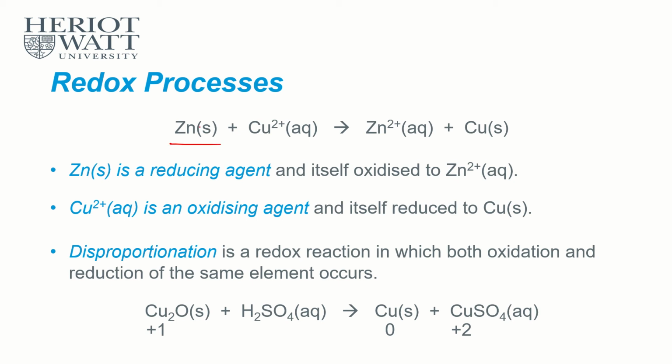Zinc is a solid. When zinc is in its elemental state, the oxidation number or the charge is always 0. At the end of the reaction, it changes into 2 positive, which means it gets oxidized. When the oxidation number increases, getting more and more positive, it means it is losing electrons, hence we call this oxidation.